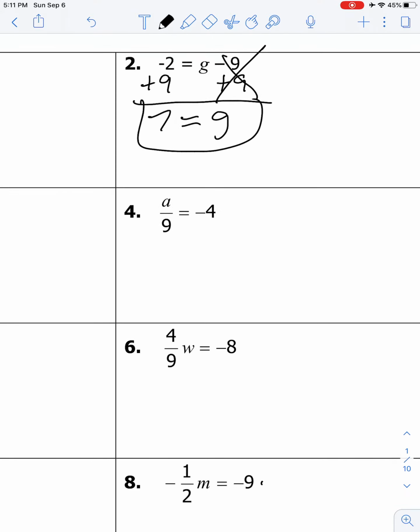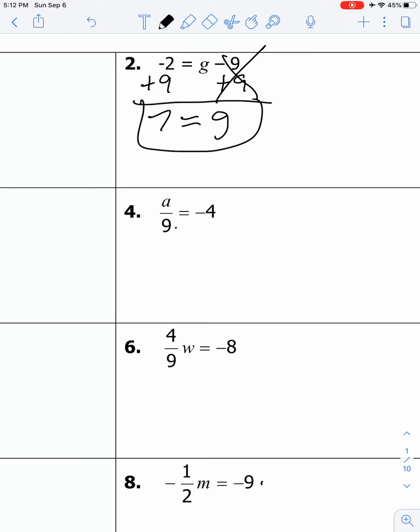Now, we've got a over 9, and when you have a letter over a number, that's technically division. So in order to get rid of the bottom of the fraction, you need to multiply by the number that is on the bottom of the fraction.